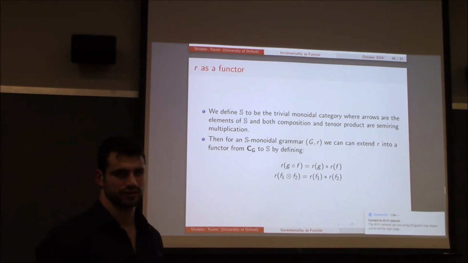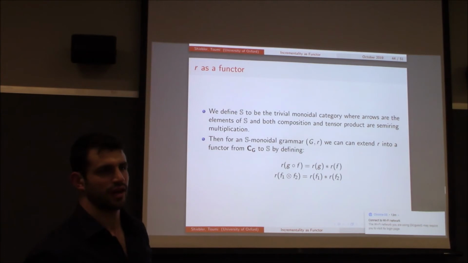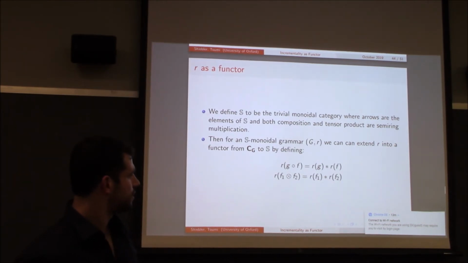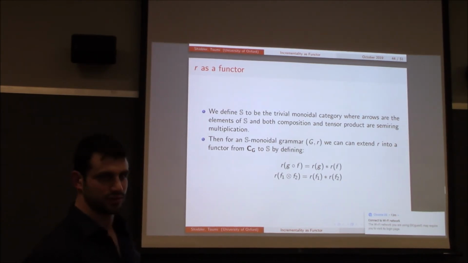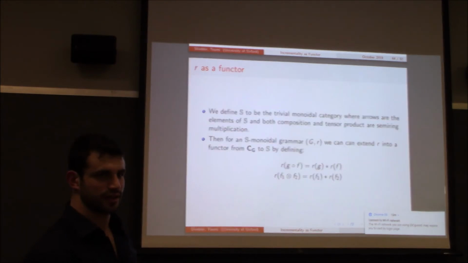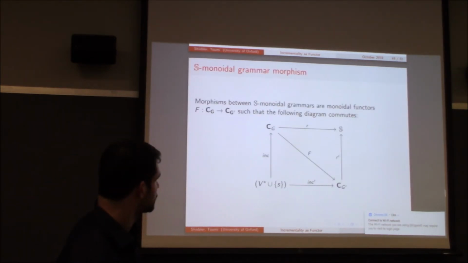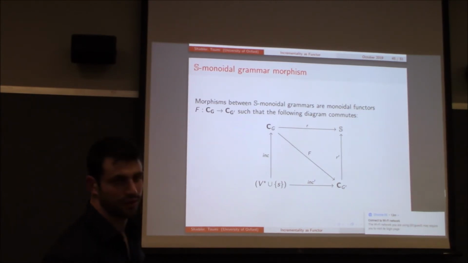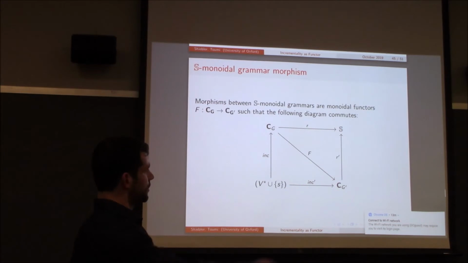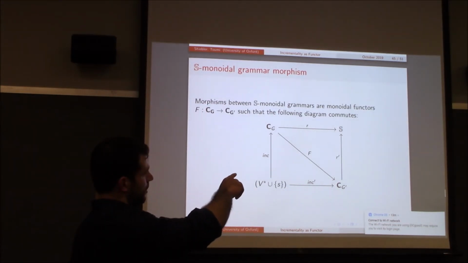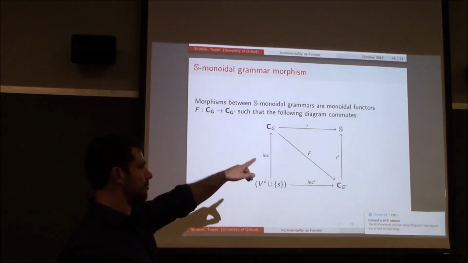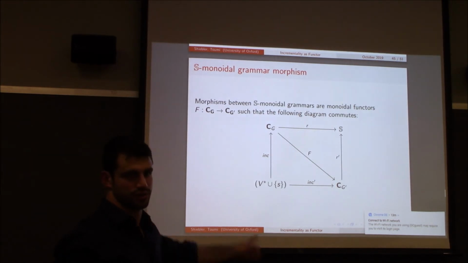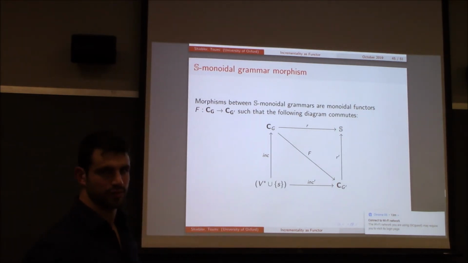This is a nice structure that we can do some fun things with. Now our morphisms are no longer just commuting triangles, but commuting squares, where we have to commute along both R and our inclusion maps, like we were doing before.